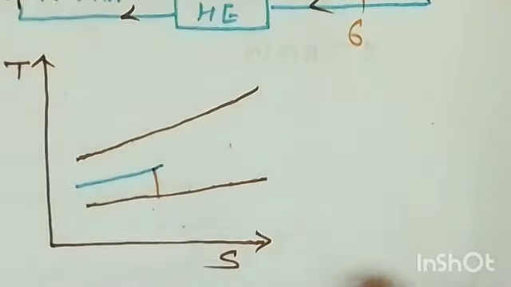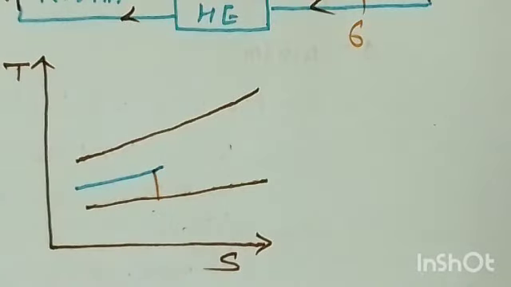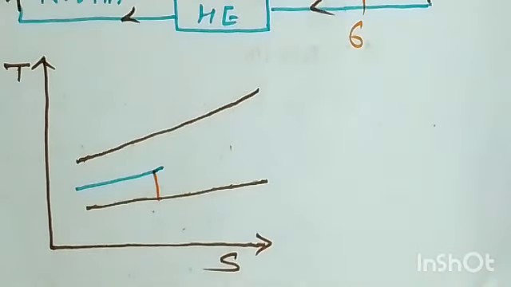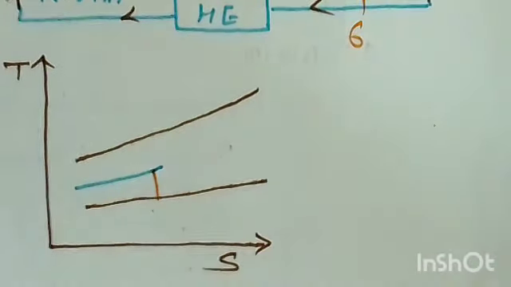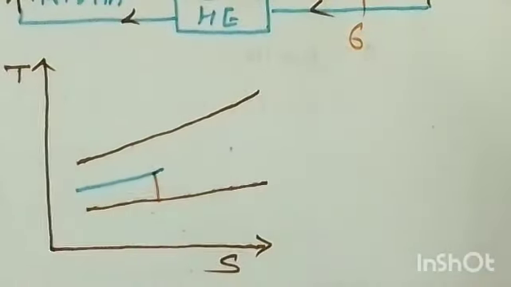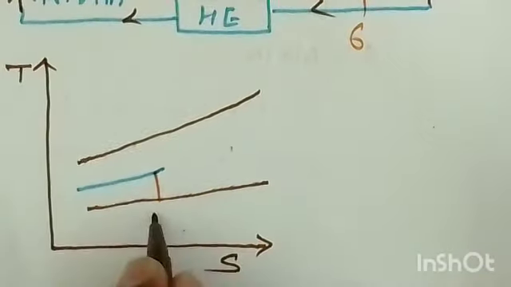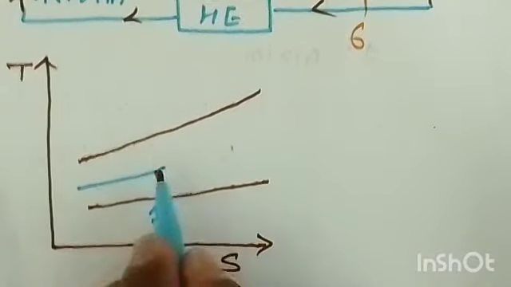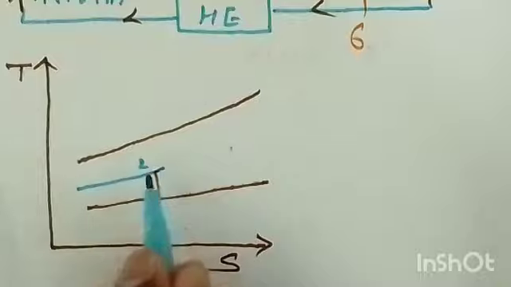Now I'll tell you that isentropic compression is the ideal, and reversible adiabatic compression is the actual, right? So for the Brayton cycle we have discussed, the reversible adiabatic compression and expansion I told you about is the actual process. Okay, now 1 to 2, this is 1 and let's say this is your 2, right.